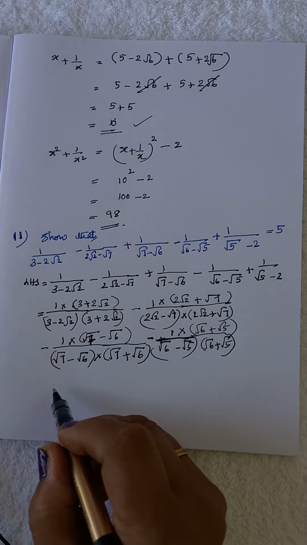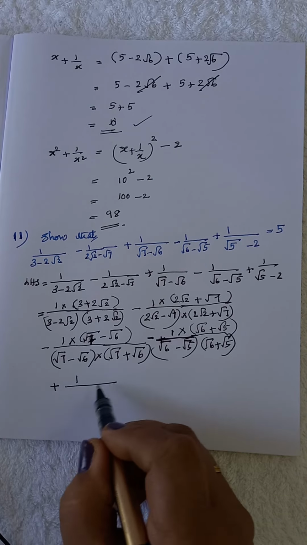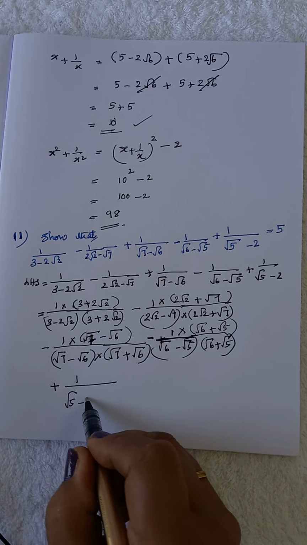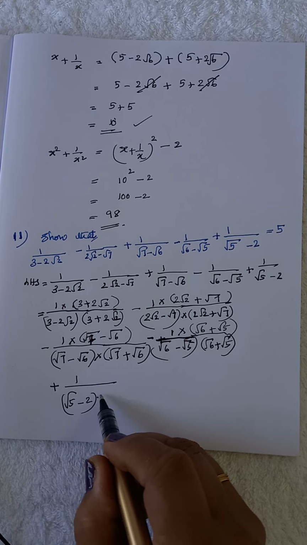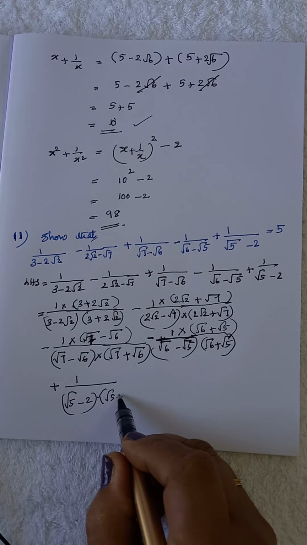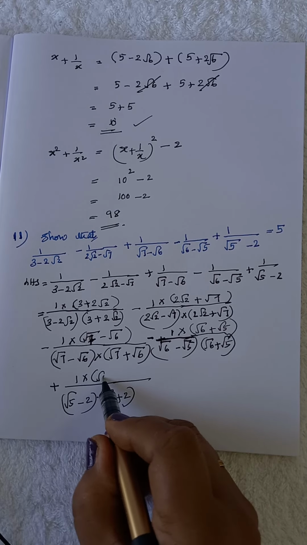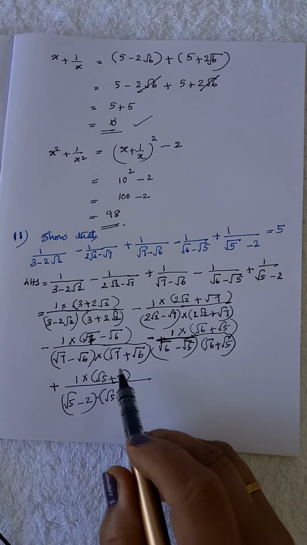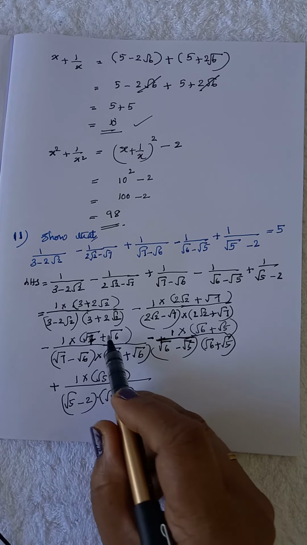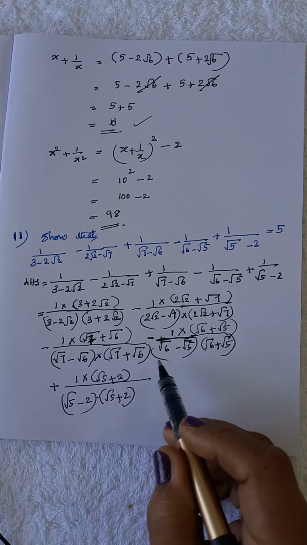And the last term, plus 1 by root 5 minus 2, into its conjugate, that is root 5 plus 2. In the numerator we have to multiply that conjugate, root 5 plus 2. Here in the third term it is plus, same as this, root 7 plus root 6.